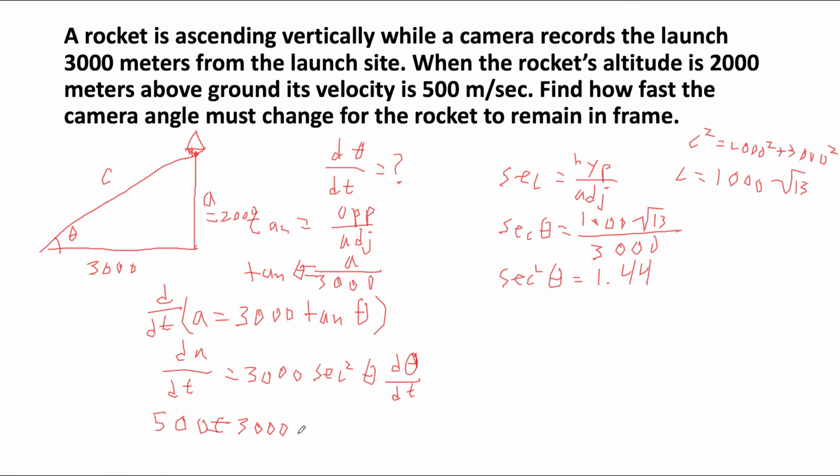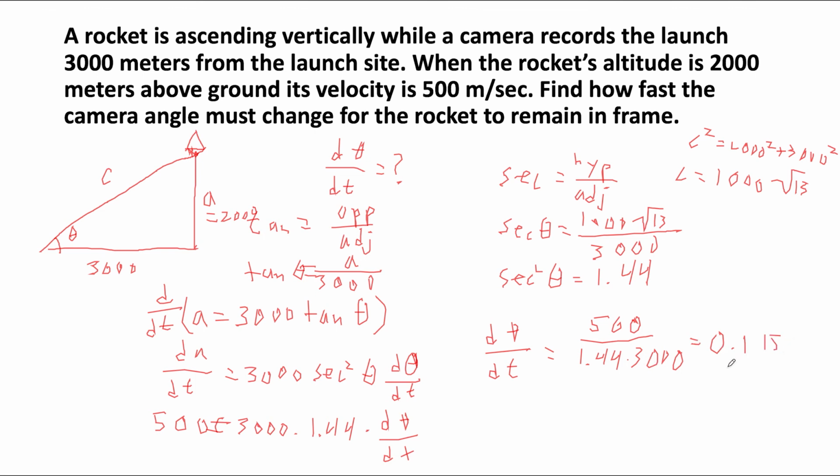So we now plug this in, so 500 equals 3000 times 1.44 times d theta/dt. And now we're going to solve for d theta/dt. So d theta/dt is just equal to 500 over 1.44 times 3000, which equals roughly 0.115.